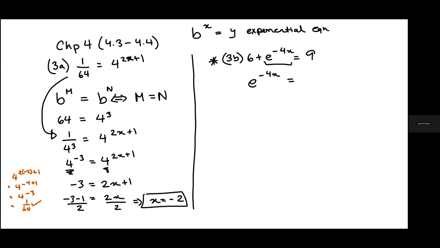Here I have base e, here I have a 3. There's no way I can go from base 3 to base e. It's just not possible. So in a problem like this, what we have to do is introduce log on both sides.